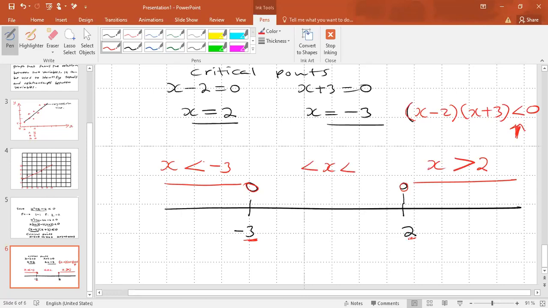The right hand side of the inequality, you put 2. The left hand side, you put negative 3. Like that. So either one of these or two of them will be the solution. But we need to find out, it needs to be satisfied by this guy. So we have to do the testing.